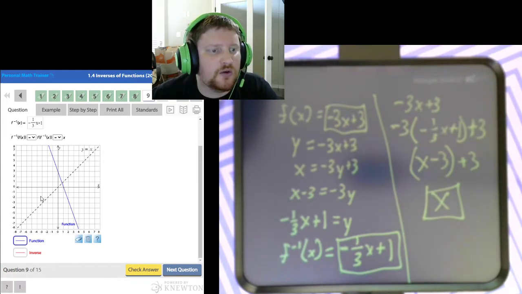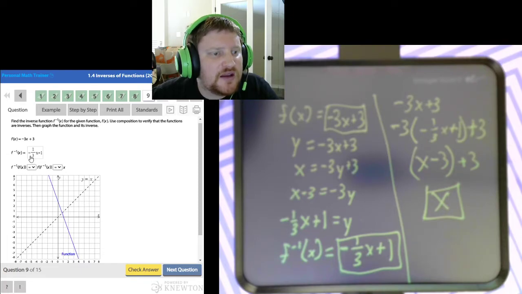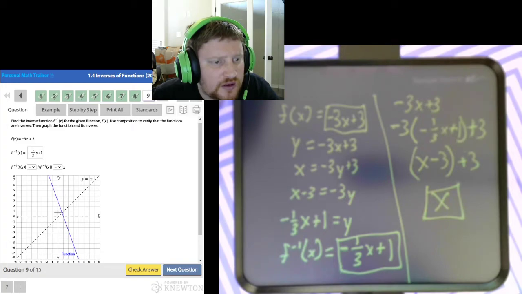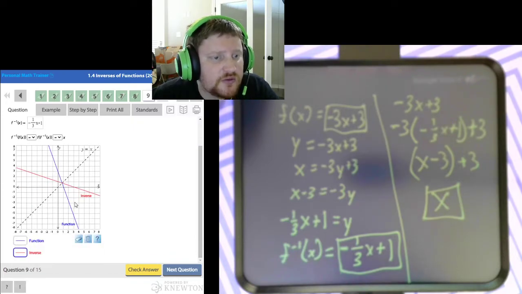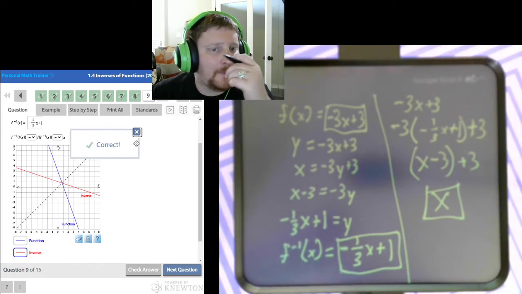Okay, so you have to click and hold between them. Graphing our inverse, we have negative 1/3 x plus 1. So we're right here. Negative means we're going to go down 1 over 3. 1, 2, 3. And there's our inverse. So you can see that they flip right over this line y equals x. That's why they put that line there.